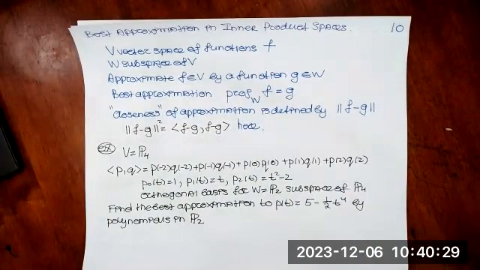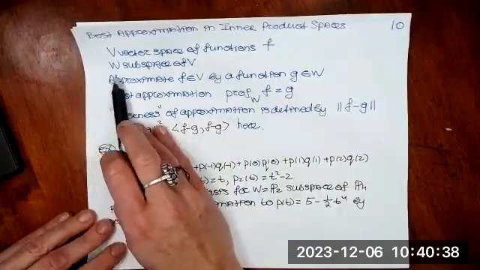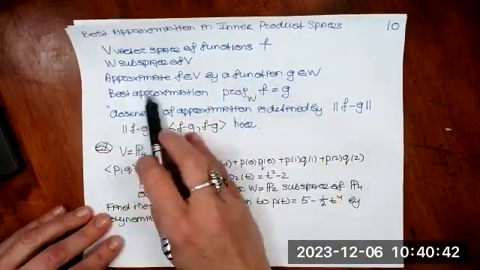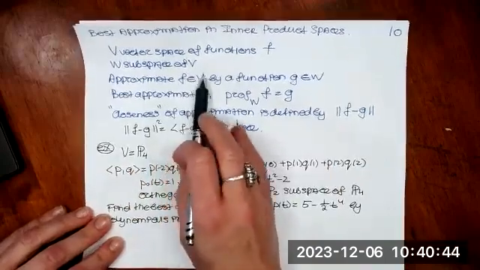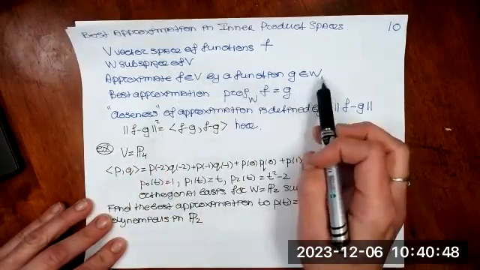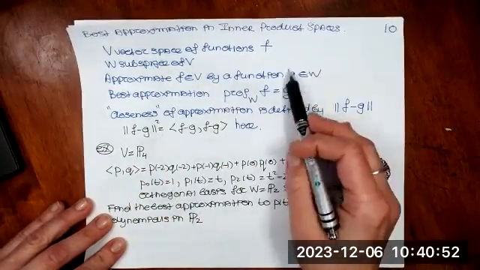If you define an inner product on a space of functions, you can use it. So if I have a vector space V of some functions, then W is the subspace of V. My problem is I want to approximate some general function f by a function g that's in a restricted subspace W.